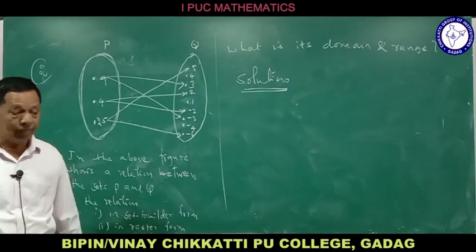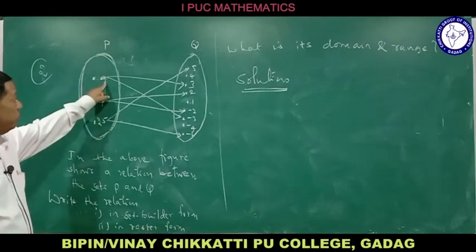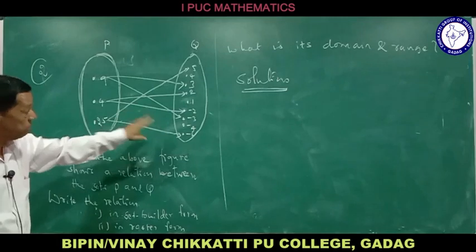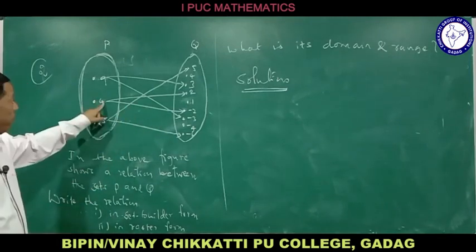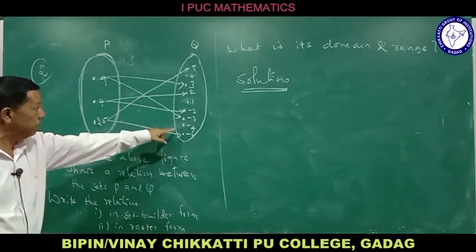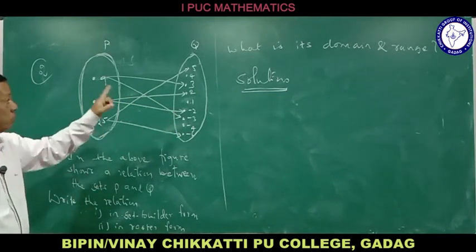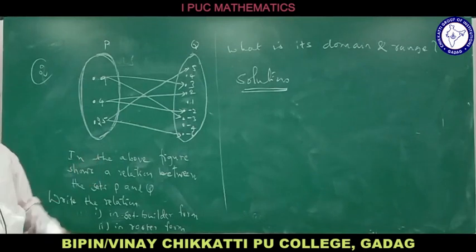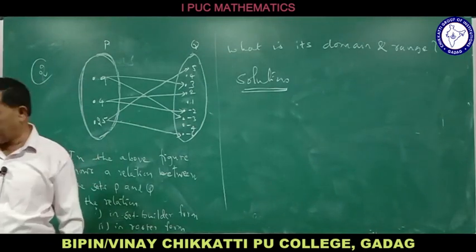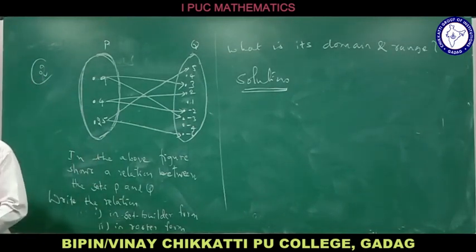What does it show? This 9 is the square of 3 and of minus 3. Yes, correct or not? 4 is the square of 2 and of minus 2. 25 is the square of 5 and of minus 5. This is given in the arrow diagram so that you can understand.